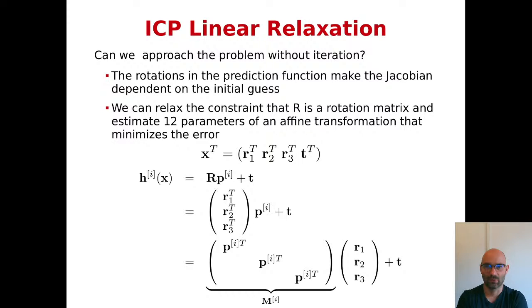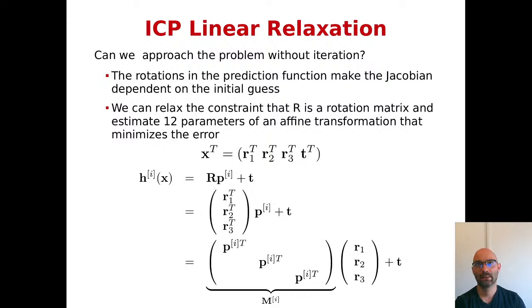So in order to modify the Jacobian, we have to modify the error function. And how do we modify the error function in a way that its Jacobian does not depend on the iterations? Well, in this case, if we take the problem as it is, it's not really straightforward, because it's not possible actually, because we are moving on a manifold. We're moving on a space which is not Euclidean, which is the space of the angles. So no, it doesn't work in this case.